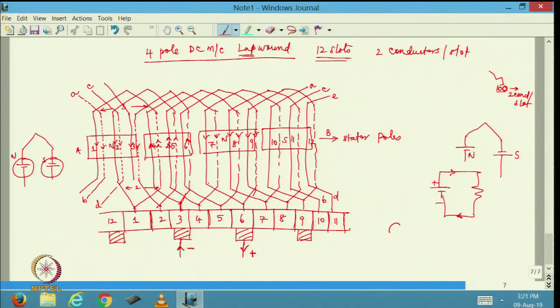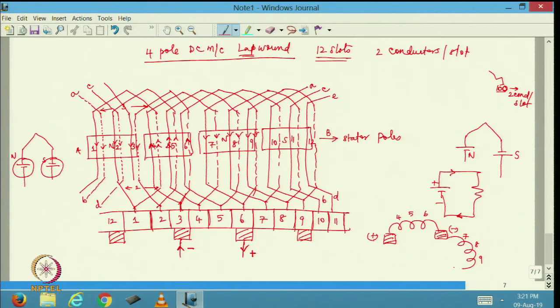So, 4, 5 and 6 coils are connected between 1 plus and 1 minus. This is 1 plus, this is 1 minus, this is 4, 5, 6. Similarly, if I look between these two, I will have 7, 8, 9 connected like this.